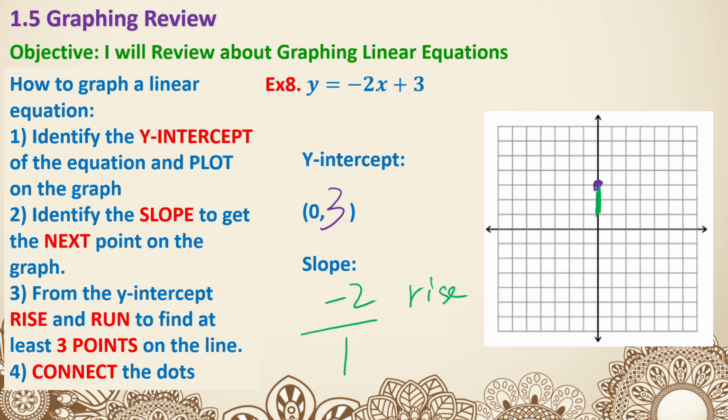Rise on the top, and run on the bottom. Since it's a positive 1, we're going to go to the right by 1. And we're going to do it again, down 2, and then to the right by 1. So down 2 over 1. We have generated more points. We can start connecting them into a line now.